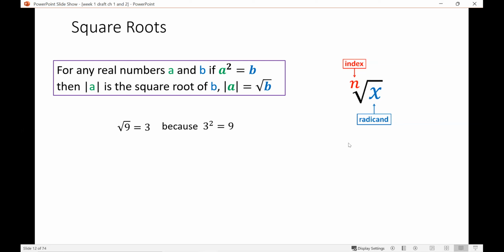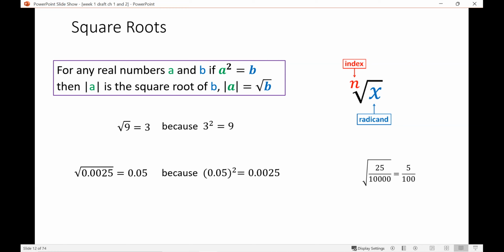So for example, the square root of 9 is 3, and that is because 3 squared is equal to 9. These square roots are really just a way to reverse exponents. We could also say the square root of 0.0025 is 0.05 because 0.05 squared is 0.0025.